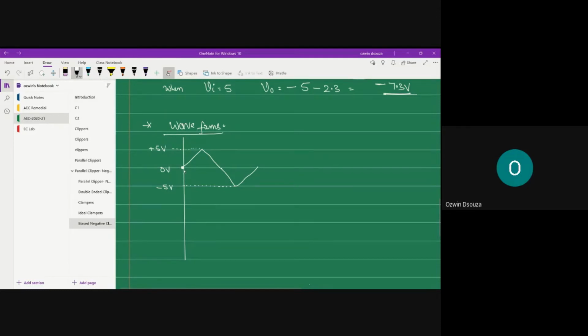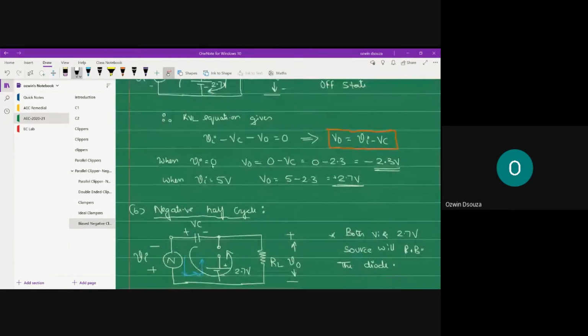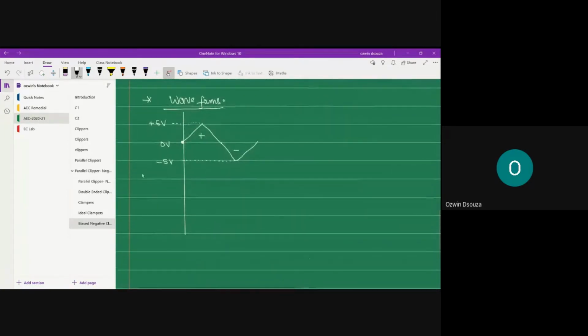So for the positive half cycle, this is your positive half cycle and this is your negative half cycle. In the positive half cycle, when your input was 0, output was minus 2.3 volts. And when your input was plus 5 volts, output was at plus 2.7 volts. So when your input is 0, output is minus 2.3.